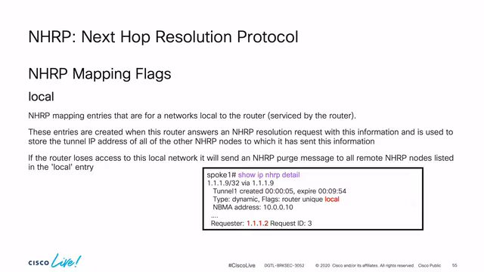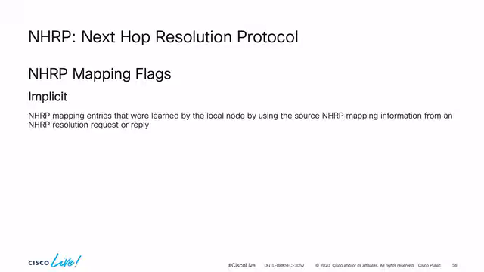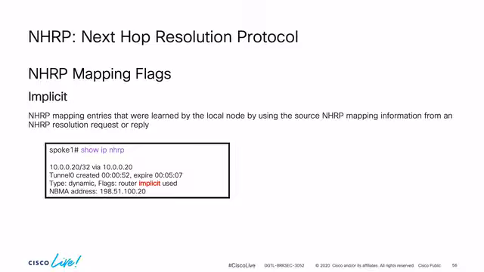So the implicit mapping flag. These are basically entries which are learned by the device which is getting the NHRP resolution request or reply.